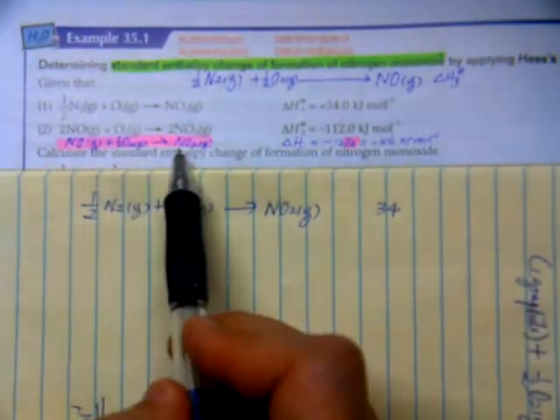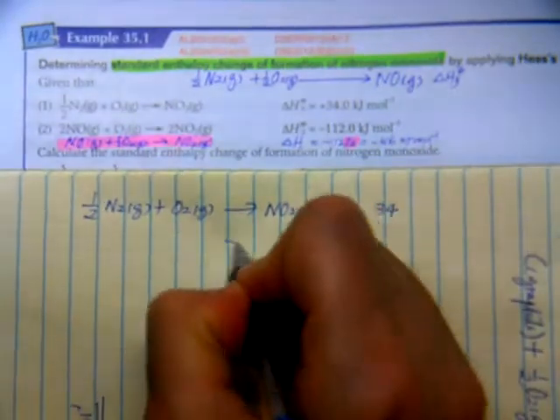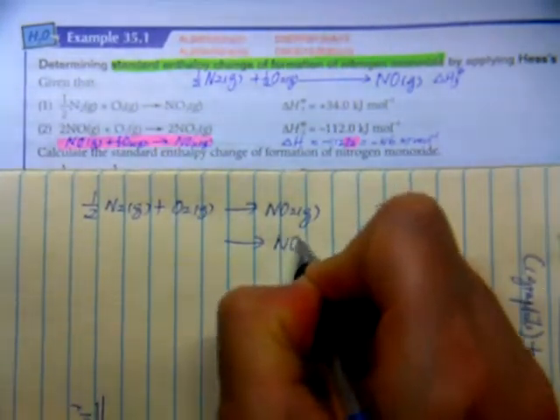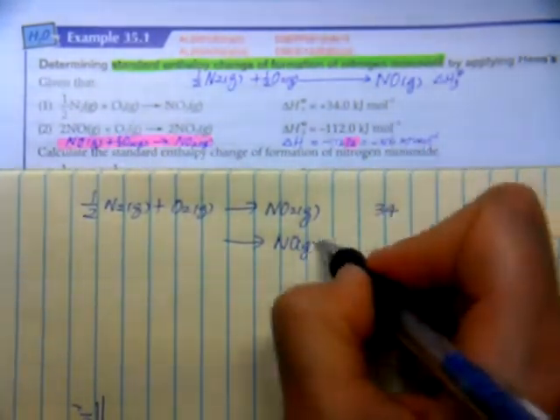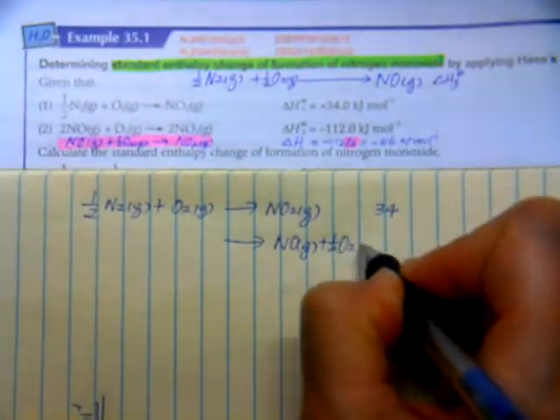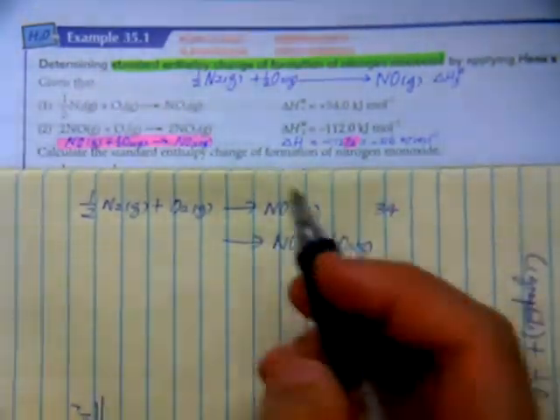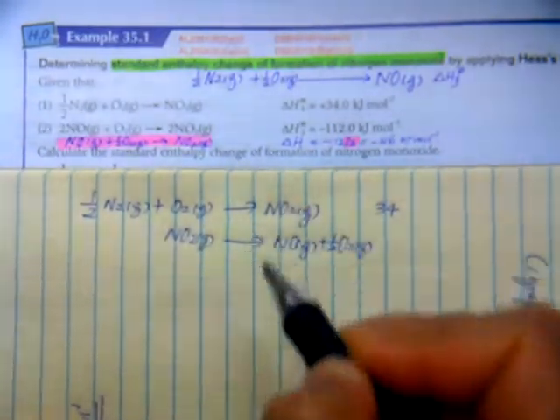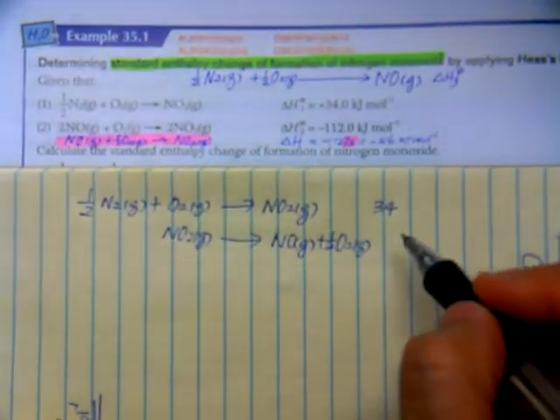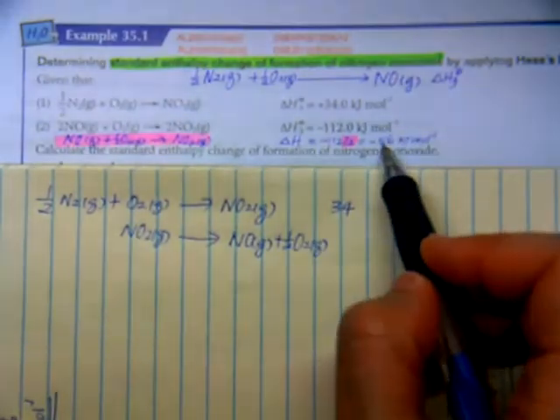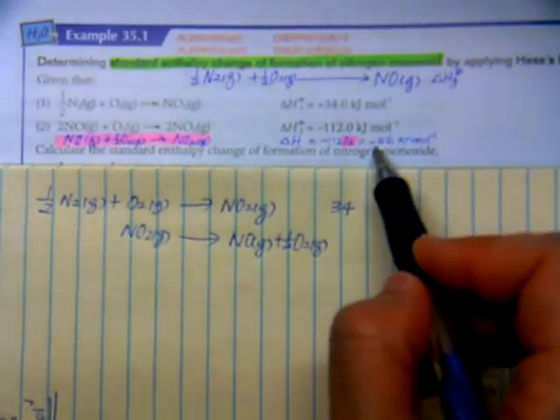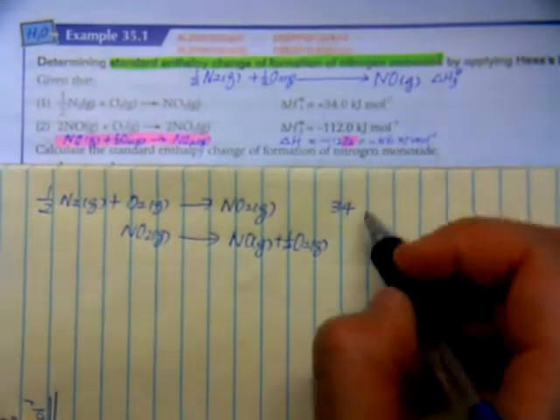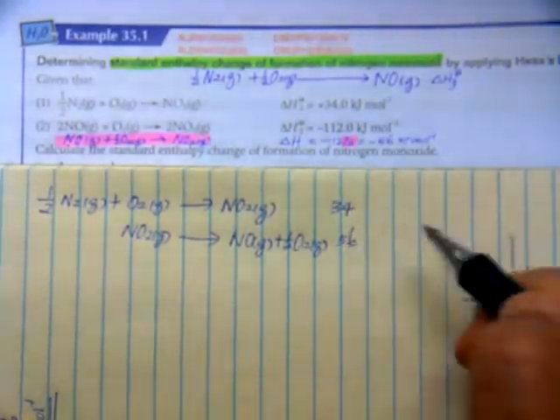Next, reverse the direction. That means NO and half O2 should be written on the right hand side. The product becomes the reactant. What should be the delta H? You should change it from negative 56 to positive 56.